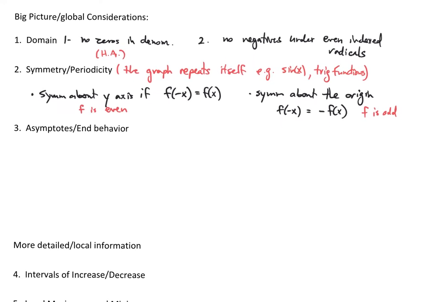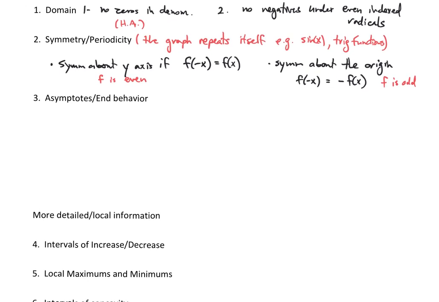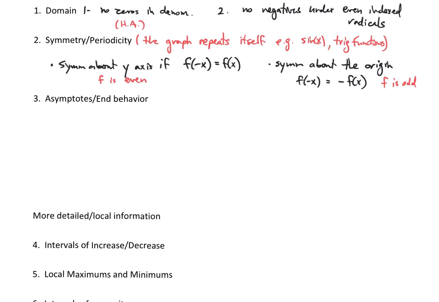So for the asymptotes and the end behavior, we could do the following. We know we are going to have vertical asymptotes when the denominator is equal to 0.